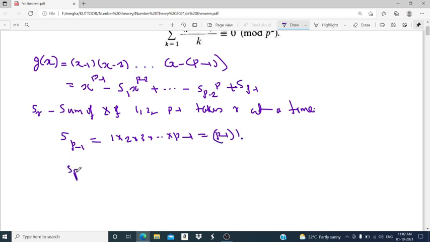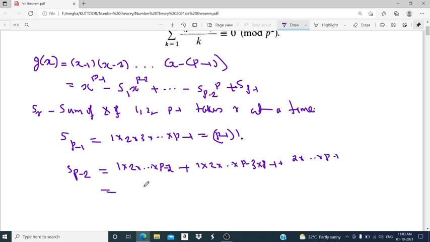And s_{p-2} is the sum of products of 1, 2, 3, etc. p minus 1 taken p minus 2 at a time, that is 1 into 2 into etc. p minus 2, plus 1 into 2 into etc. p minus 3 into p minus 1, plus 2 into 3 into etc. p minus 1, like this.